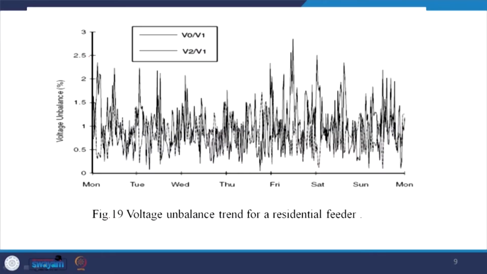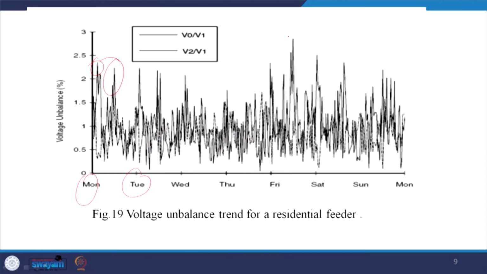So, we are showing V0 by V1 and V2, this is the case of the unbalanced voltage in percentage in a residential feeder, date wise, and you can see this is hour wise, over 24 hours. There are 2 peaks in India, generally in the morning from 8 to 10 am, and after 6 to 9 pm.